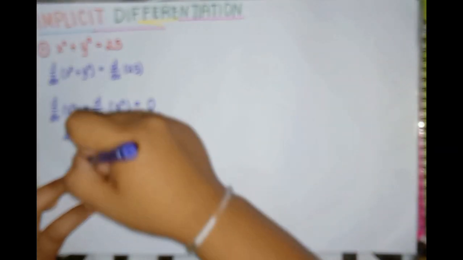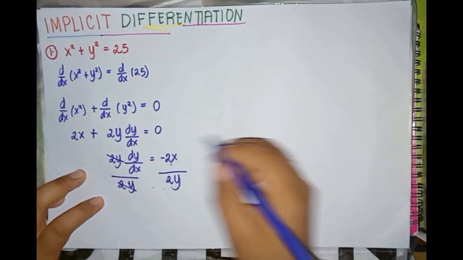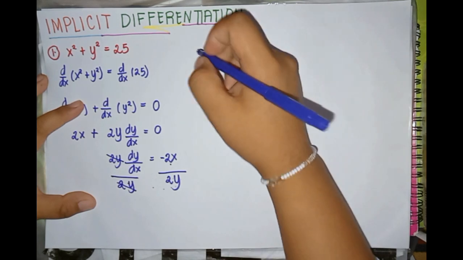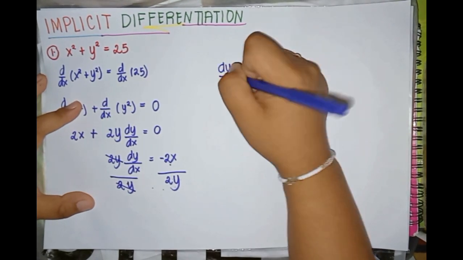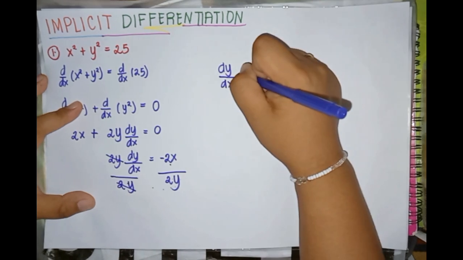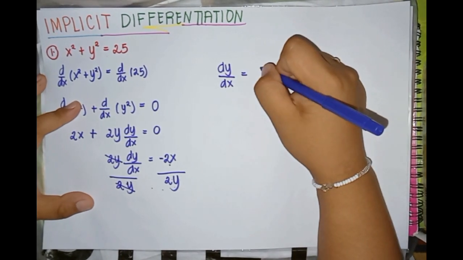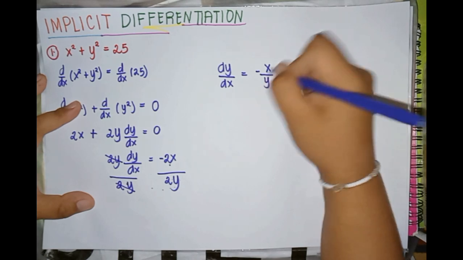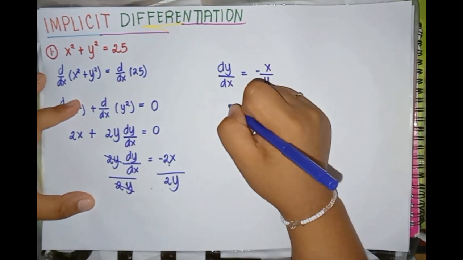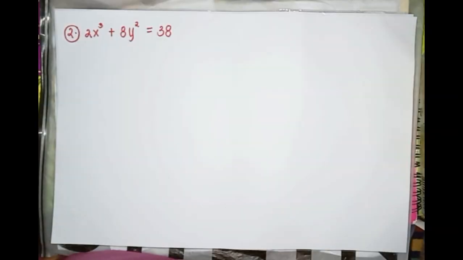We cancel the 2y on the left side. So we're left with dy over dx is equal to negative x over y. So that's our final answer.